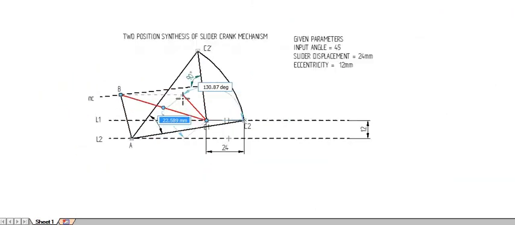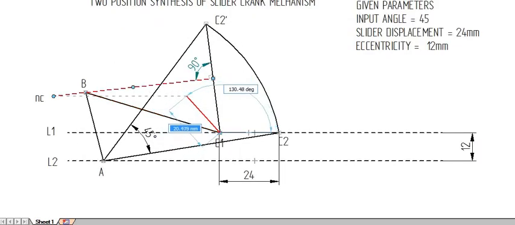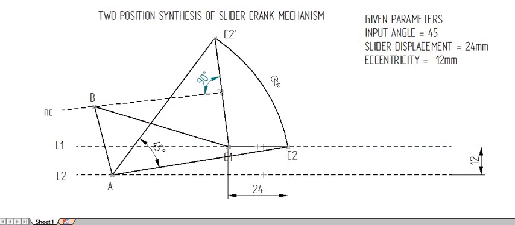So here AB will be the crank, BC1 will be the coupler or connecting rod, and there will be a slider.